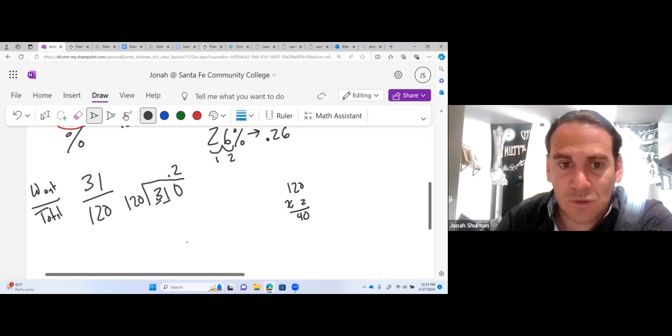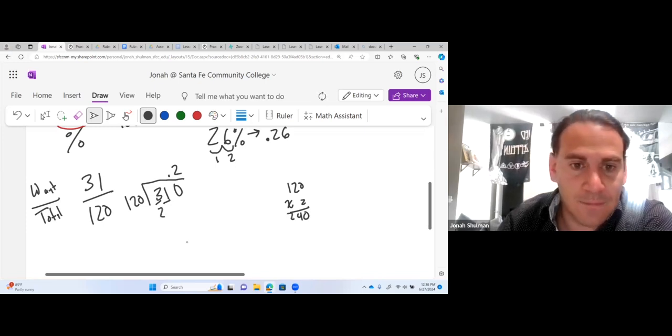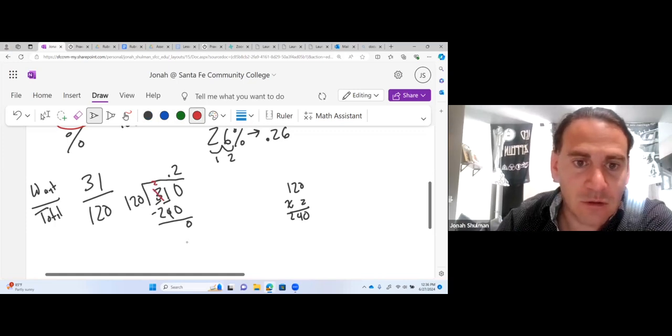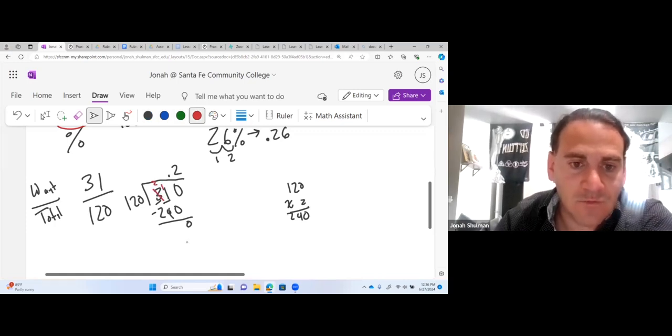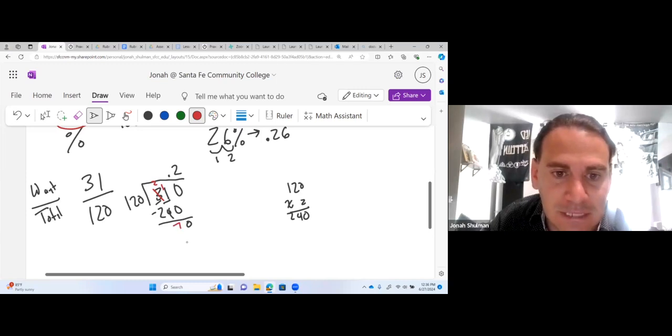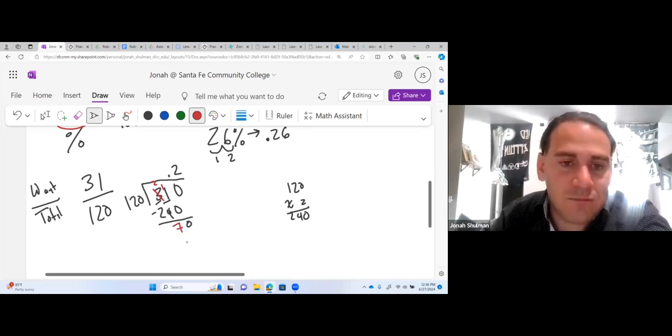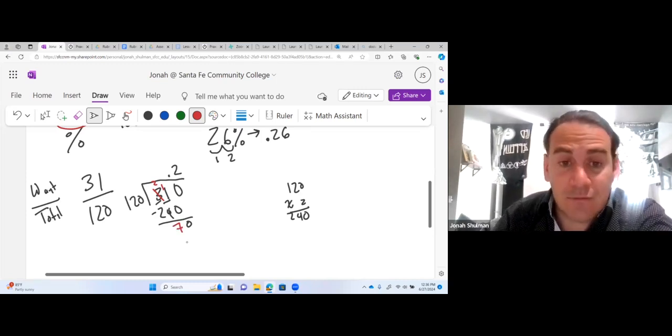And then 2 times 1 is 2. So I have 240. We subtract it. 0 minus 0 is 0. 1 can't minus 4, so we actually have to cross this out. 11 minus 4 is 7. And 2 minus 2 is 0. So I have 70 here.